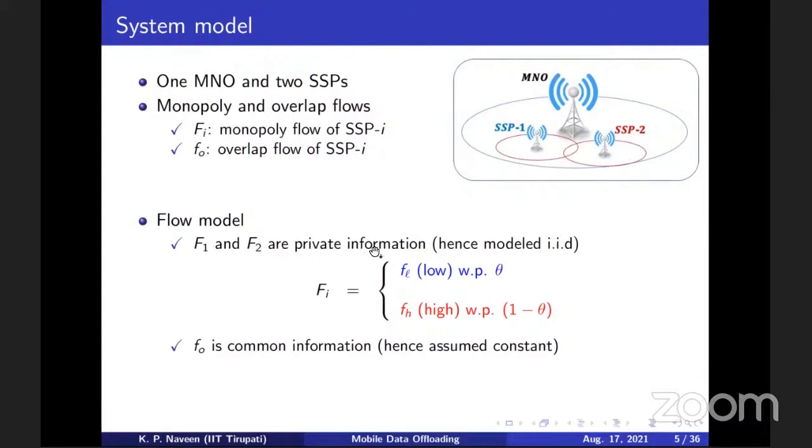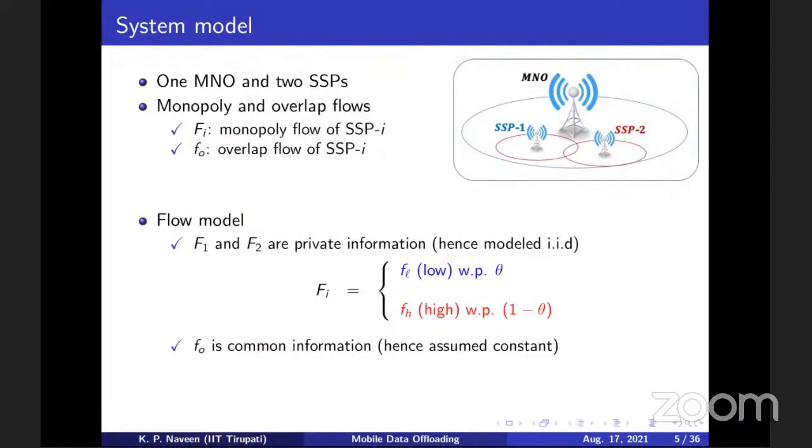These are private information. So we'll start with a very simple model: I'm going to model them as IID random variables. To simplify further, let's say there are only two flow levels, either low or high. Low with probability theta and high with probability 1 minus theta. It's a very simple binary model.